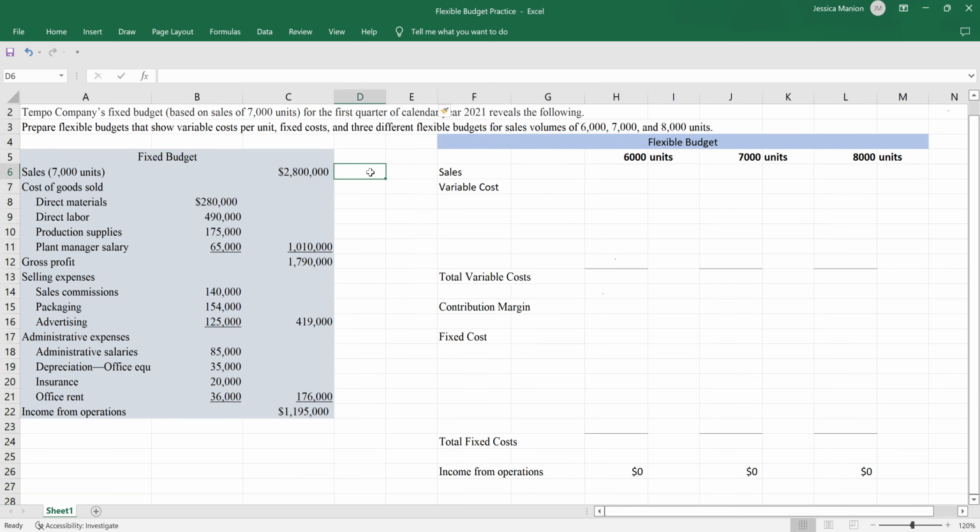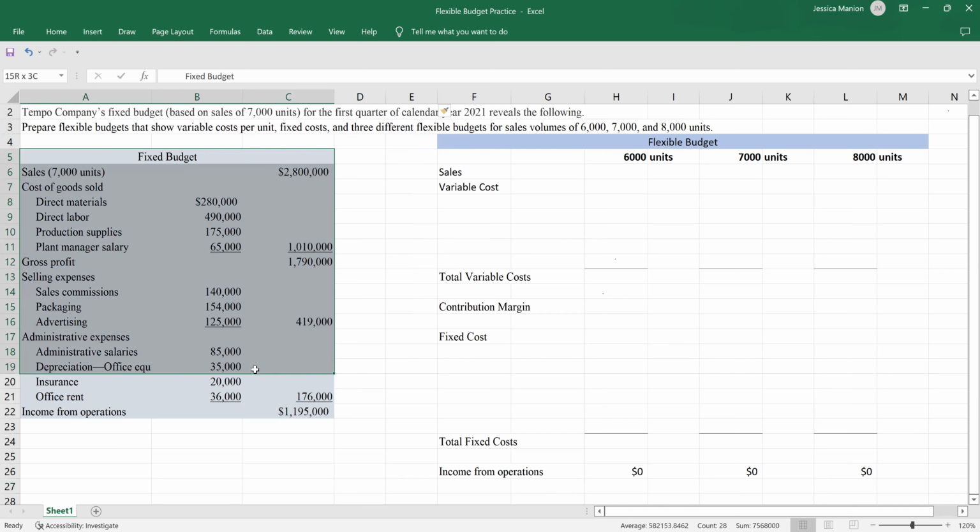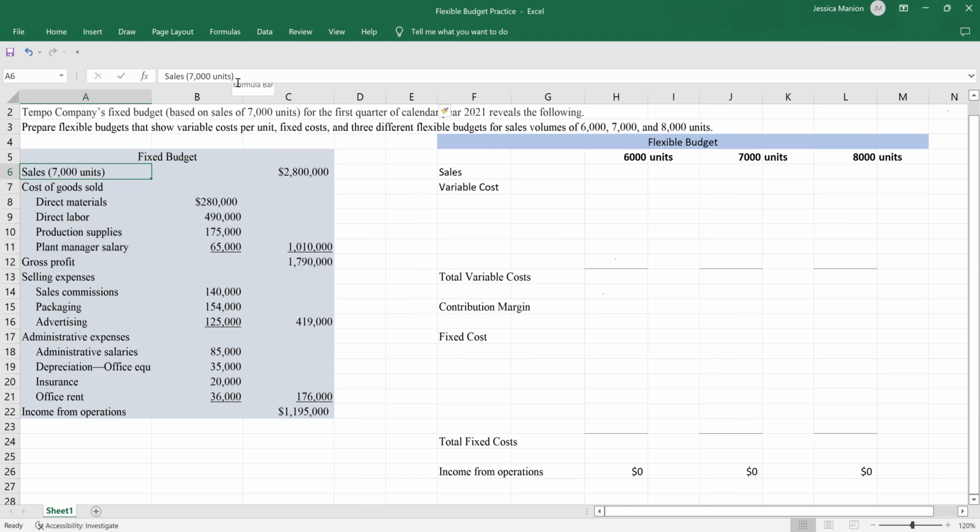The problem is telling us, up here at the top, Tempo Company's fixed budget, and that's what this is here, right? Our fixed budget is just prepared for one level of activity, and the level of activity is 7,000 units. A fixed budget is also called a static budget. It's prepared for one level of activity.